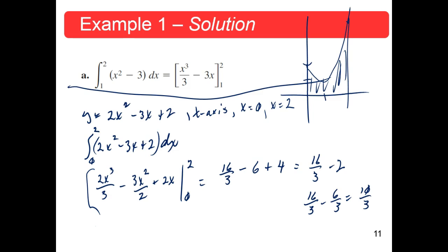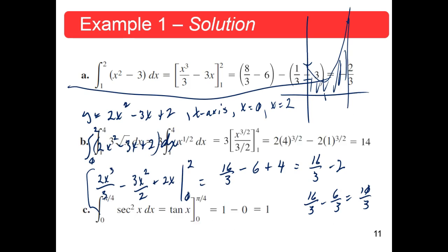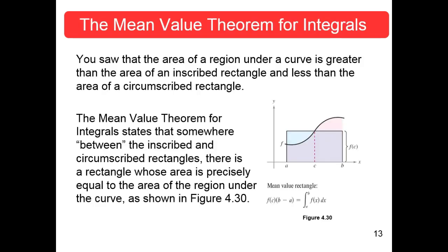All right. Now we're ready for that old mean value theorem. The mean value theorem for integrals. You saw that the area of a region under a curve is greater than the area under an inscribed rectangle and less than the area of the circumscribed rectangle.